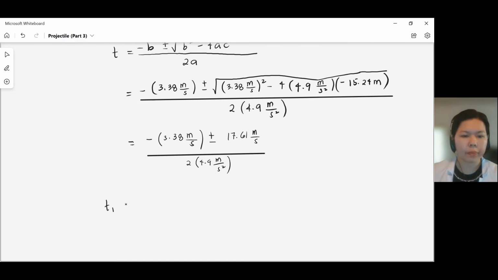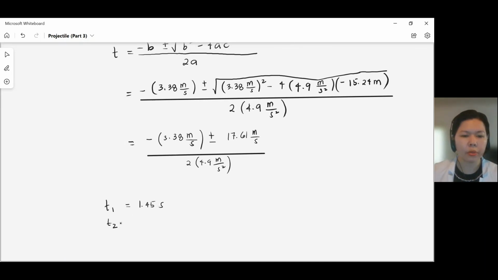All right. Executing the plus of this plus minus sign: minus 3.38 plus 17.61, divided by open parenthesis 2 times 4.9 close parenthesis, equals. You should get an answer of 1.45 seconds.